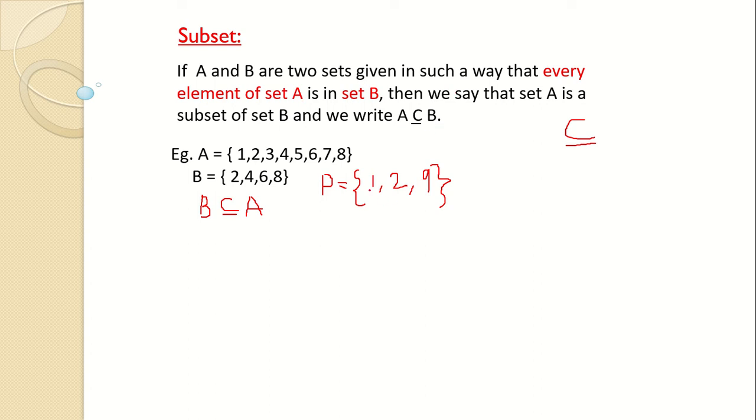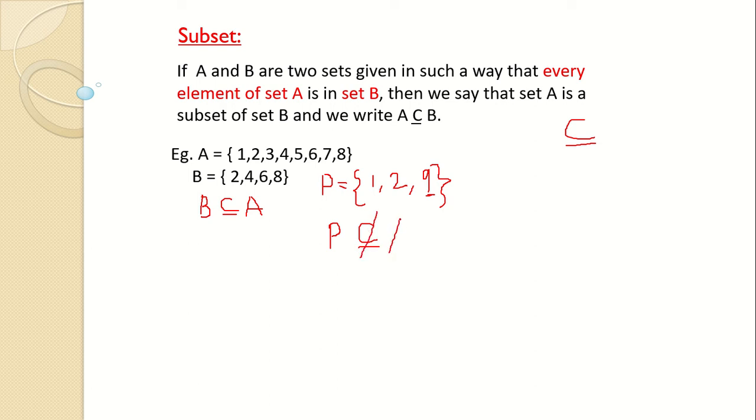But in this case, see what has happened? The element 9. Although here there are 3 elements only and here there are 8 elements, this element 9 is not found in A. So P will not be a subset of A. And how do we write that? This is the sign of not a subset.